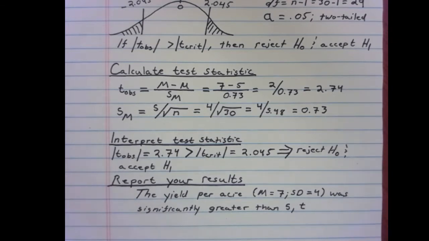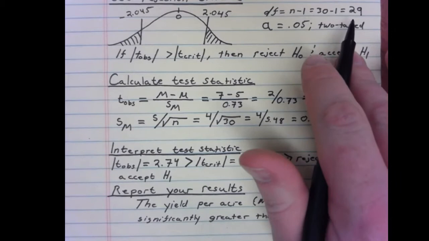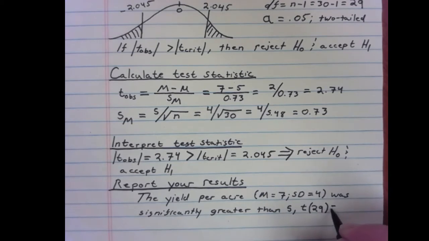Now, when we report this test, APA has a very specific format. We need to write t to indicate we ran a t-test. Then in parentheses, we need to specify the degrees of freedom, which in this case was 29. Then we need to actually report our observed t-value, which was 2.74.